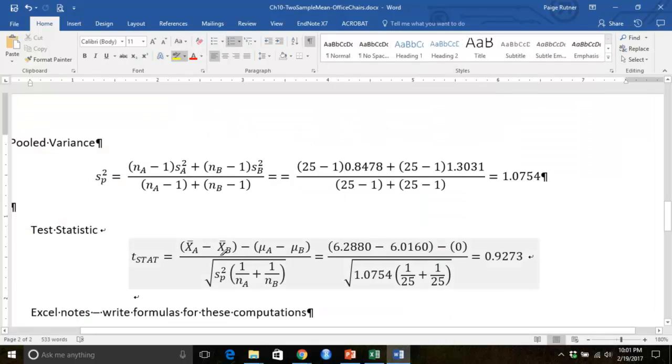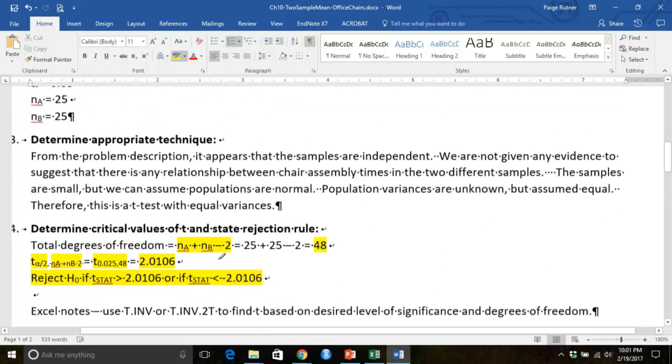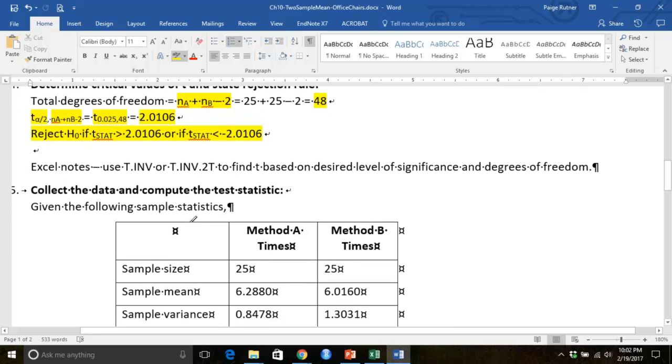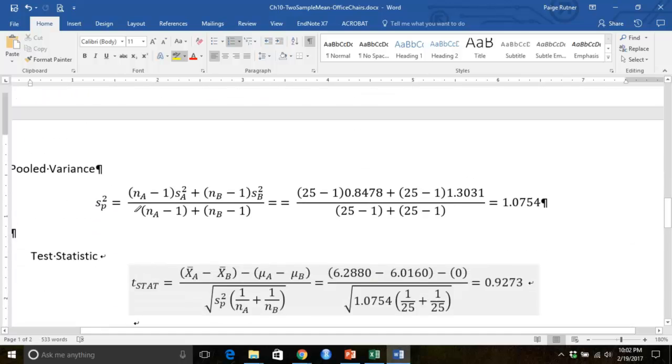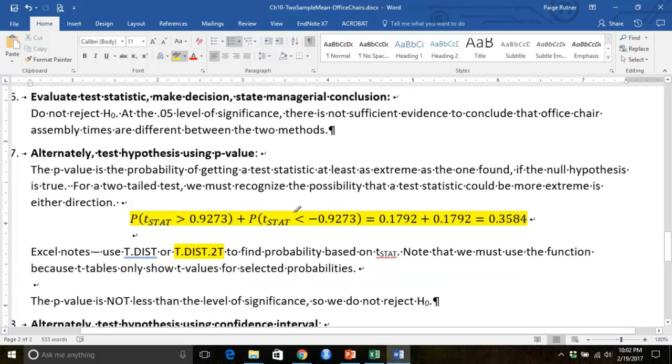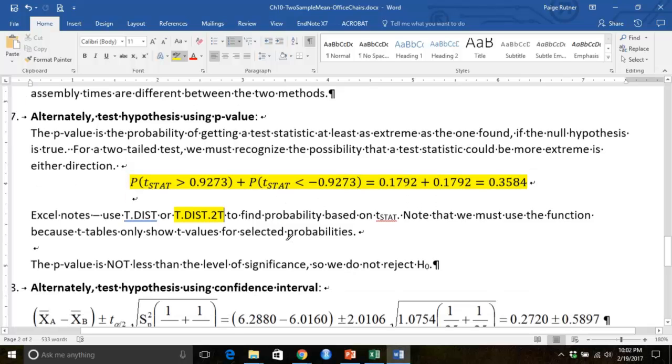And let me go back to my write-up here so I can show you what I'm talking about. My rejection rule would change with a one-tailed test because I would only need to go in one direction in order to cause me to reject the null hypothesis. My p-value computation would change because I'd only worry about test results that are more extreme in one direction.